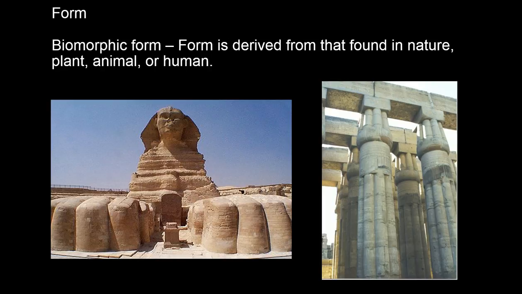Ideas of biomorphic form or organic form. Humans and animals, right, are organic in nature. We are not Euclidean, right? And so when you take a look at the Sphinx, that's one example of a piece of ancient architecture that has this biomorphic organic form.